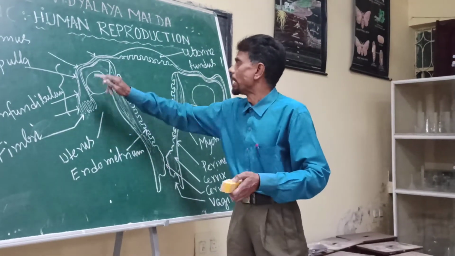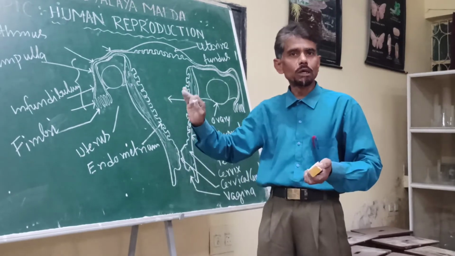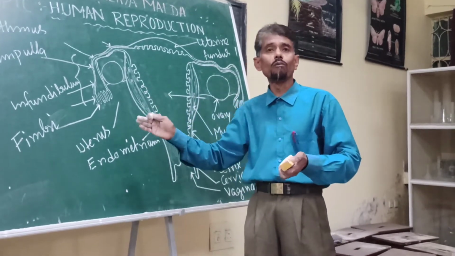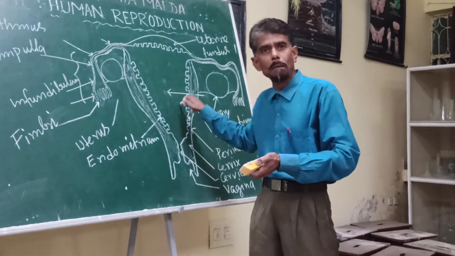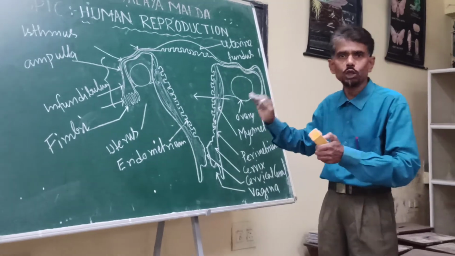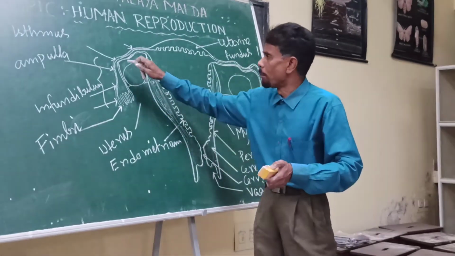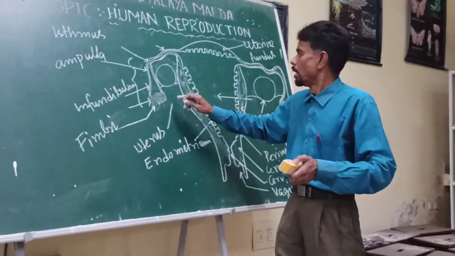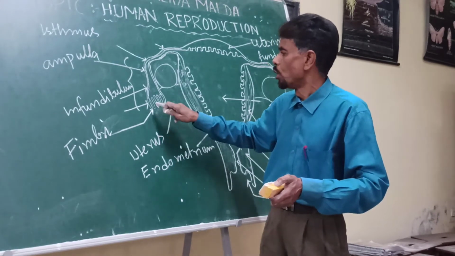The other associated parts help in the process of reproduction, implantation, development of the embryo, or passage of the mature baby. The fallopian tube has three parts.